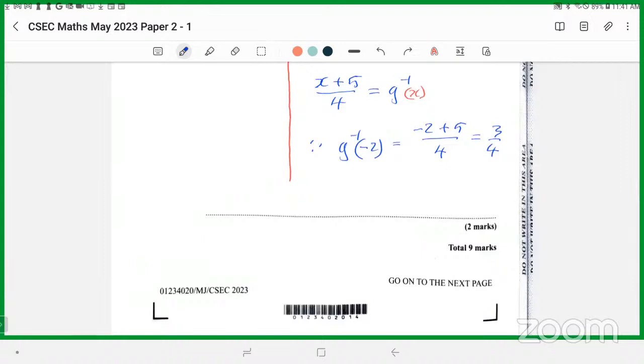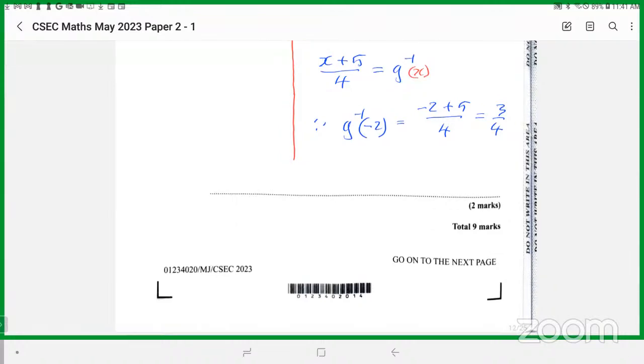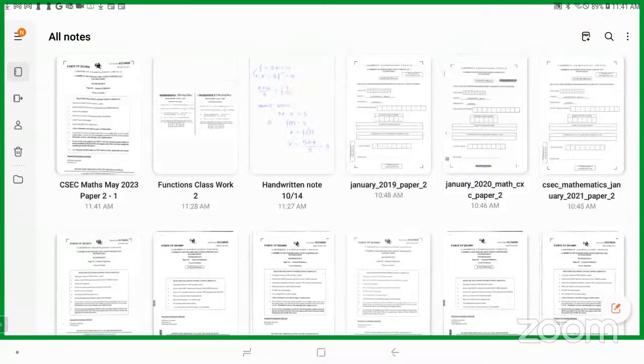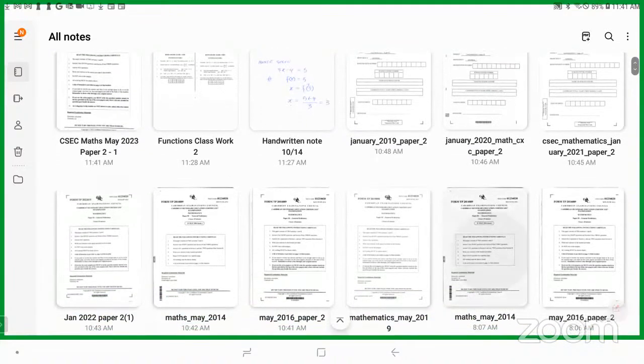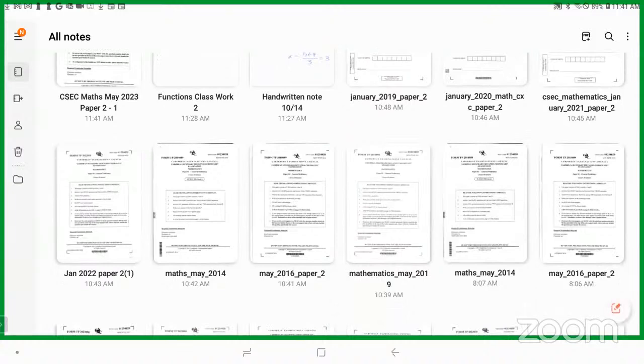Let us do a variations question. I want us to do a variations question now. So we're jumping between functions and variations. Remember, variations really comes under the functions part of the syllabus. So we're looking for the 2019 question 4. There's a variations question on June 2019.